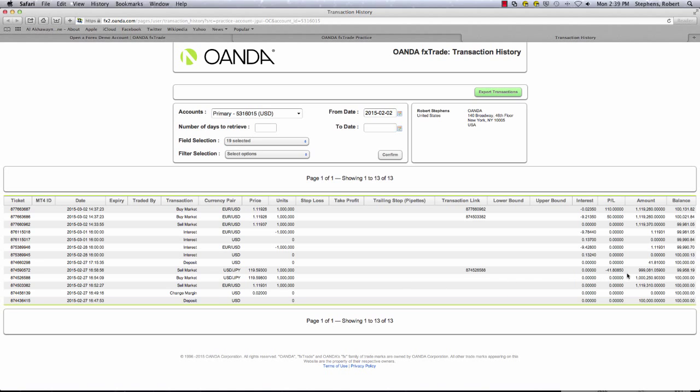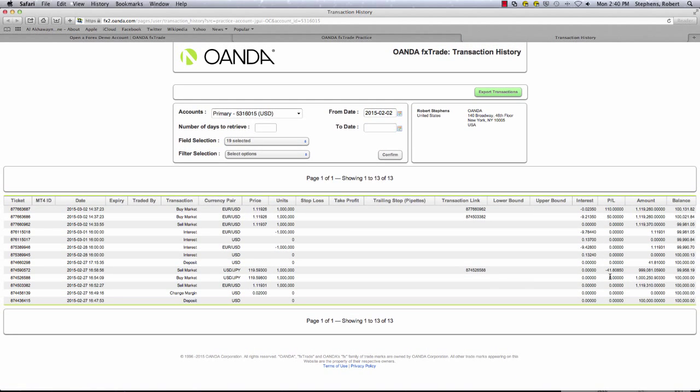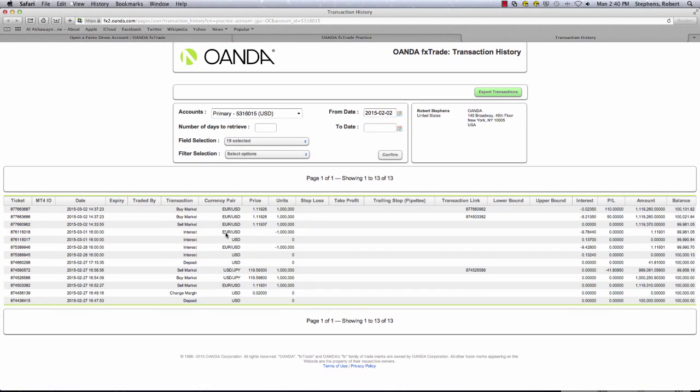In fact, I lost... wait, no, that wasn't a big loss. Where's my big loss? That wasn't too bad. I only lost $41 on that. And I made 160 on that last trade cumulatively. So I'm wondering where I lost my big money.